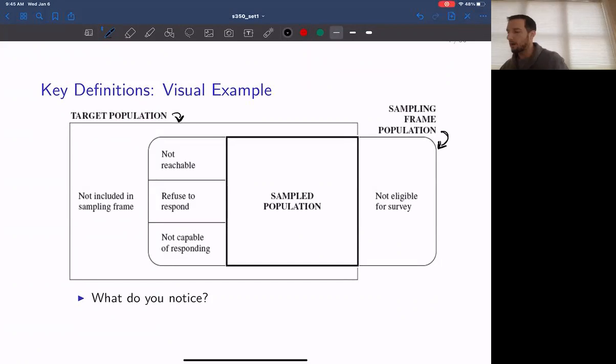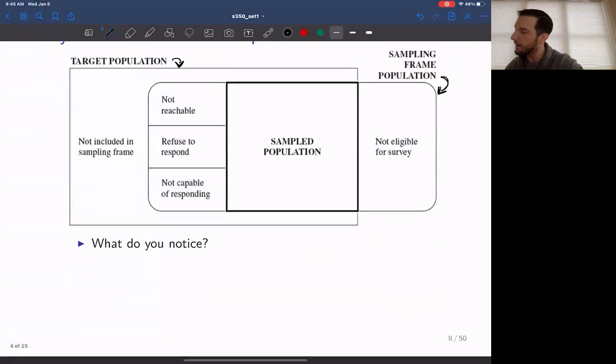Our target population is defined to be whatever it is for the particular study. You can see here that the sampling frame actually includes information that does not exist within the target population, right?